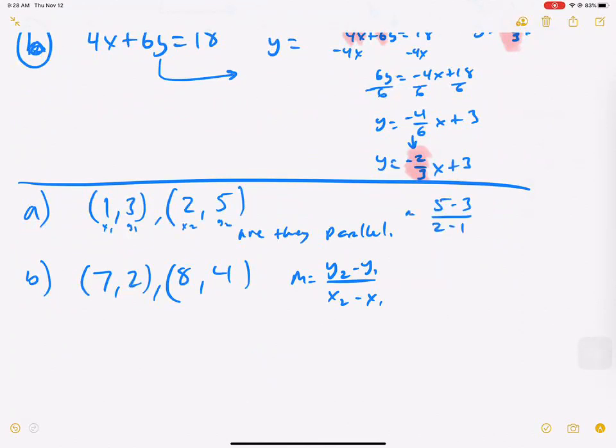That's the slope for line A, and that's going to be 2 over 1. Let's see if line B has the same slope. The slope of B is 4 minus 2 over 8 minus 7, whoops, that's a 7. 8 minus 7 is 1.